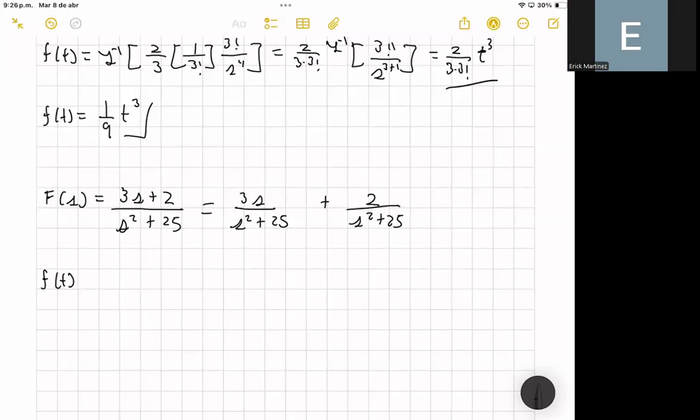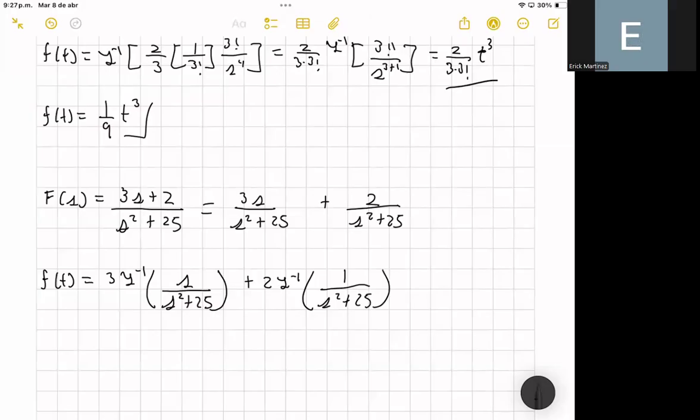We have the function f of t should be equal to the inverse Laplace transform of this term. I will take out the constant. So we have 3 times the inverse Laplace transform of s divided by s squared plus 25. And on this side, we have 2 times the inverse Laplace transform of 1 over s squared plus 25.